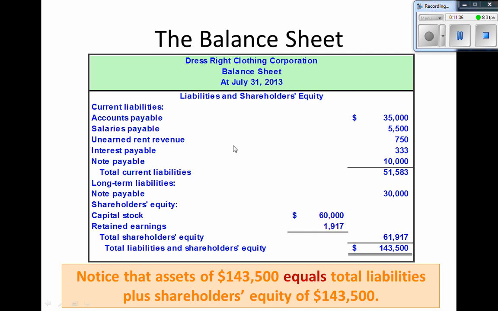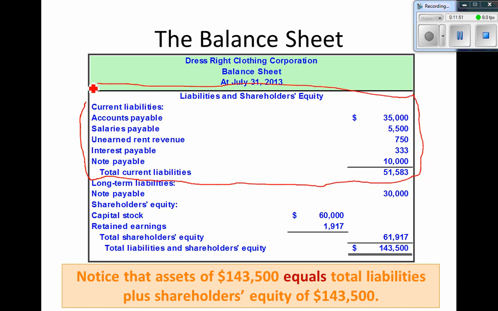For our liability and shareholders' equity side of the balance sheet, again, we're going to be presenting this in a classified manner. We will be listing our current liabilities. Those are liabilities we expect to be paid with current assets within one operating cycle, which is typically 1 year.